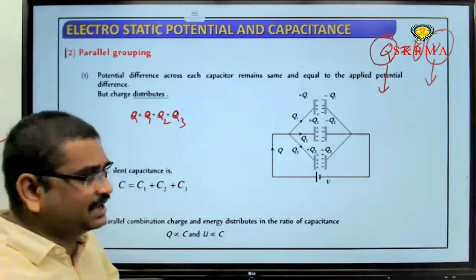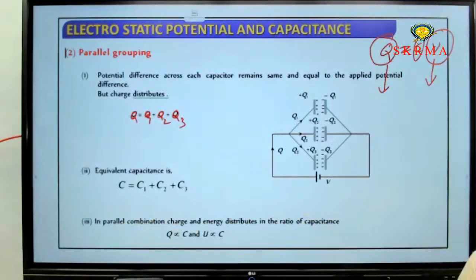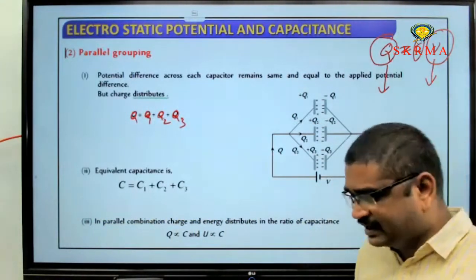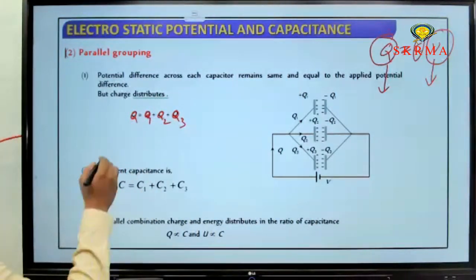Next, just substitute this in the basic equation to calculate equivalent capacitance. What is the value of Q?